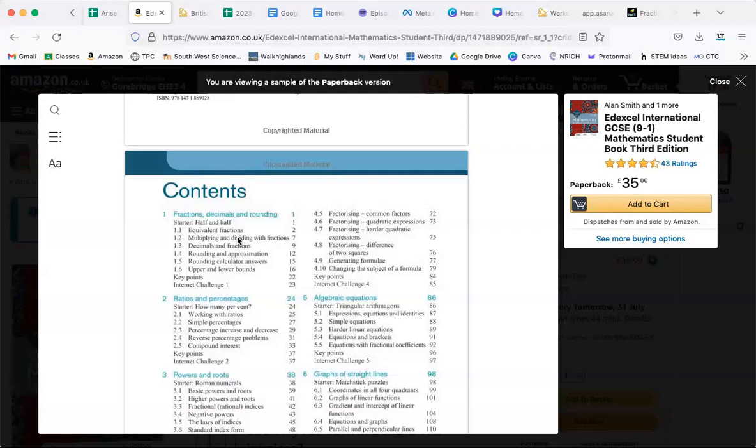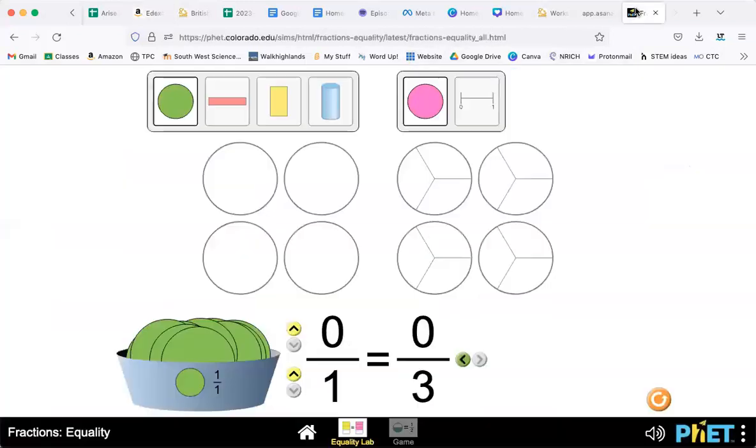If I do this and they have no clue, they probably would need to do some key stage 3 maths or find something that would be before iGCSE. But if they're comfortable with the maths I'm going to be talking about just now, then you're probably on the right kind of inroad ramp into this syllabus.